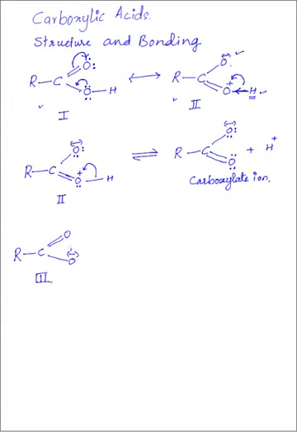The negative charge from this oxygen is transferred to the C double bond O bond, so that the pi electrons from this C double bond O shift to oxygen. So we can write a resonance structure for this as R, C, this is O minus, and this is double bond oxygen. So this is structure 4.